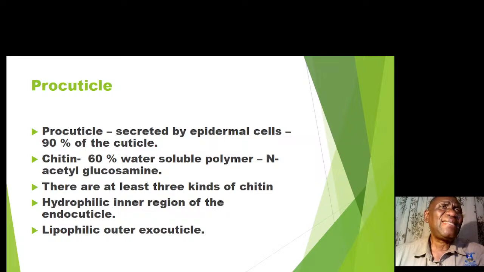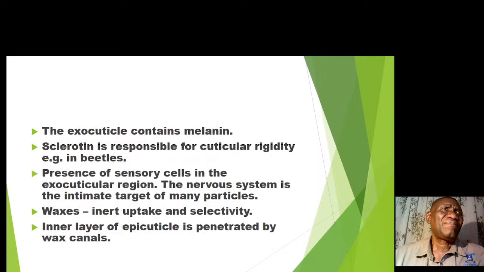There are at least 3 kinds of chitin: hydrophilic inner region of the endocuticle and the other lipophilic outer exocuticle. The exocuticle contains melanin.